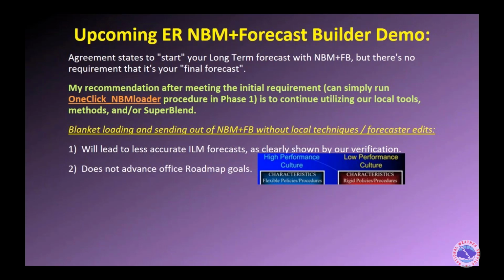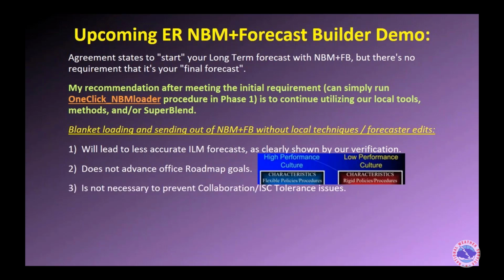And having flexible policies and procedures in place, which is what I'm an advocate for, giving forecasters the ability to pick and choose what works on any given day and to utilize tools that have been proven to work effectively, outweighs the idea of having a rigid policy and procedure saying you must use Forecast Builder, which will lead to a low performance culture.